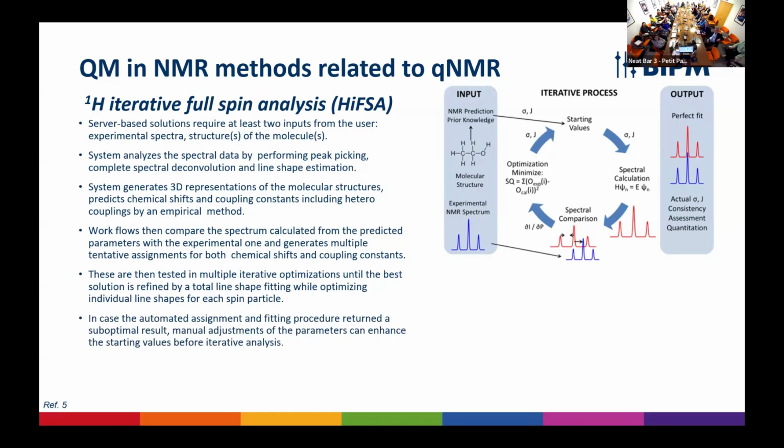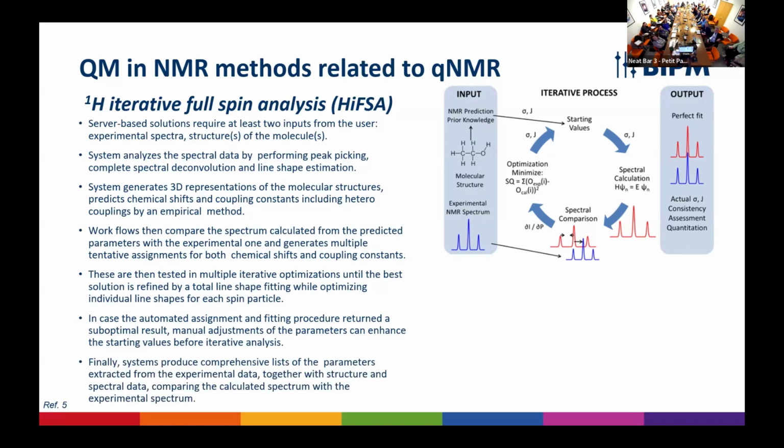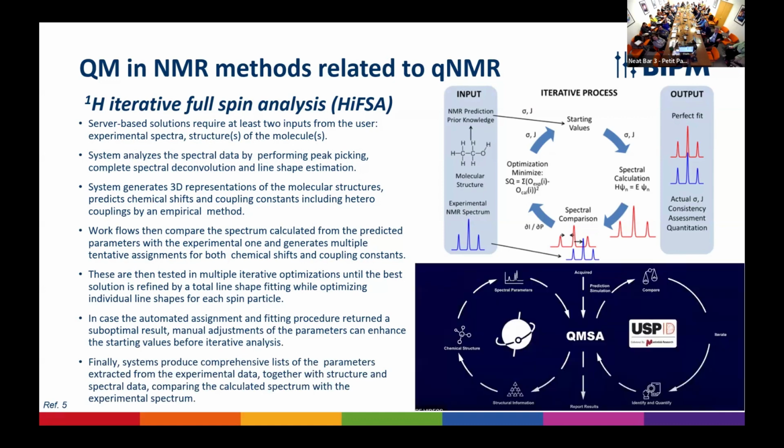And again, I've already spoken about manual optimization if you've got some suboptimal results within the system. One thing I want to point out is that last year, USPID was released. The one system we're using at the BIPM is something Klas mentioned, which is Cosmic Truth by Matthias Niemann.